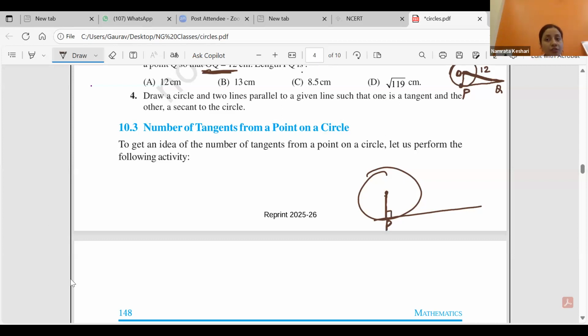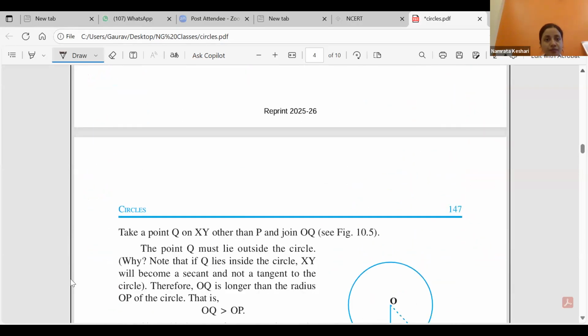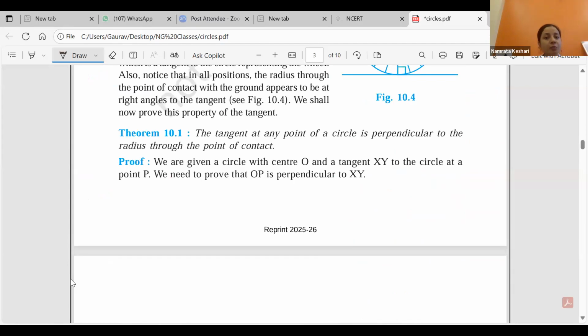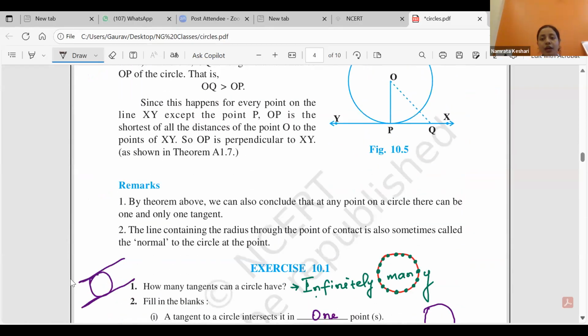Okay, this theorem we discussed in the last class. See this theorem: the tangent at any point of a circle is perpendicular to the radius through the point of contact. This radius that passes through the point of contact always creates 90 degrees with the tangent. Okay, so we will be using this theorem over here in our question.